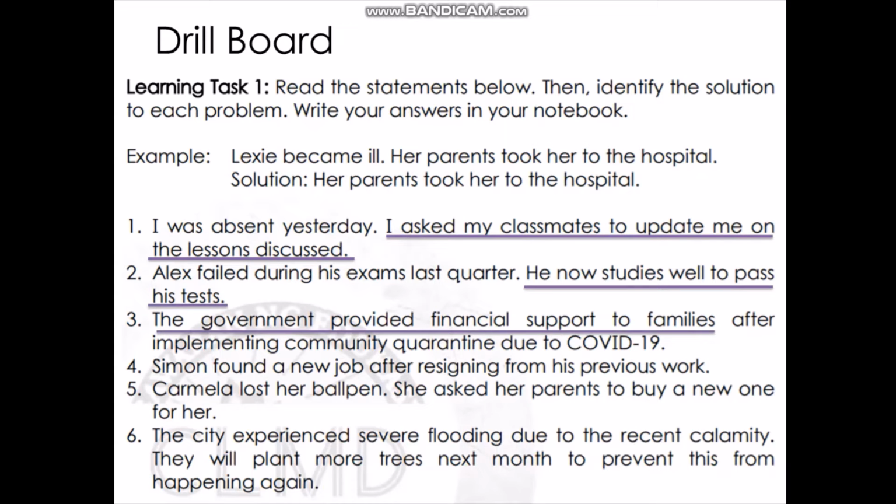The correct answer, the government provided financial support to families. So that is the solution, because the problem is that implementing community quarantine due to COVID-19.